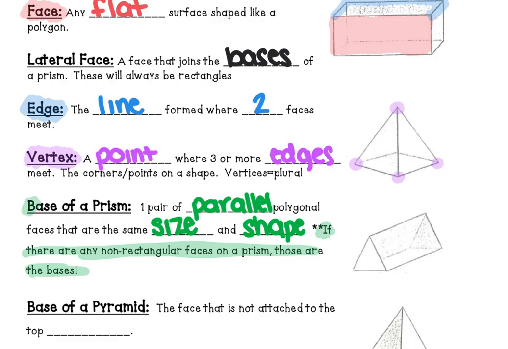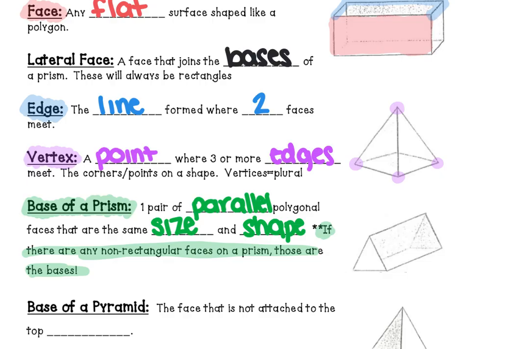All right, so I'm going to pick a different color. Pick one you haven't used yet for the base of the prism. And we're going to be looking at this shape right here. Now, real quick, before we shade in the bases, the two broad categories we're talking about in 3D geometry are prisms and pyramids. Of the two, pyramids are something you're probably more familiar with.